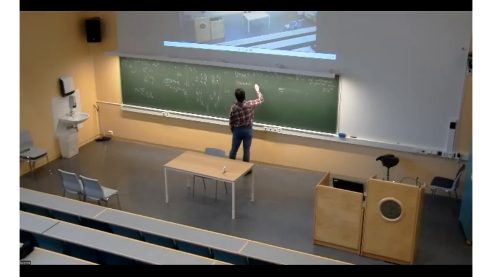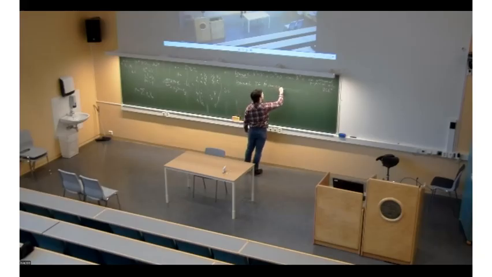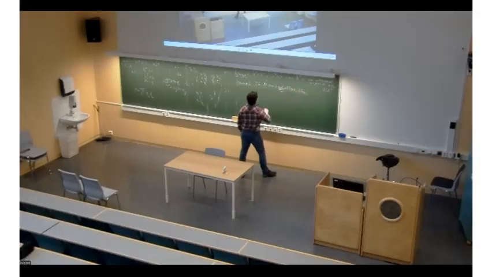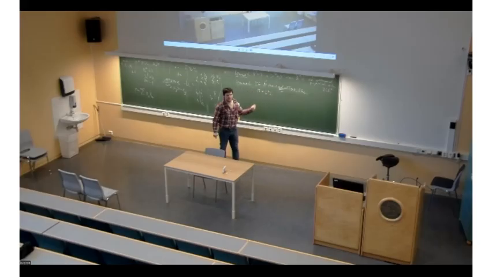Lemma two: if M is Hermitian and positive semi-definite, then I can do the Cholesky decomposition. So M equals L star L for some square matrix L, not necessarily full rank.